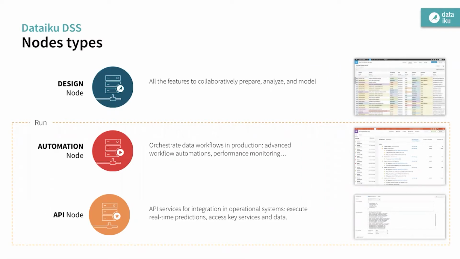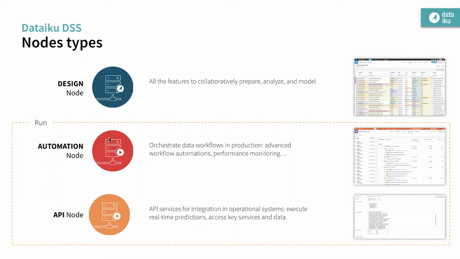Analysts, data scientists, and the business and so on will be exploring the data, building pipelines, training models, and so on. This is also where all of the automation and scheduling will be defined. And then once the project is ready for deployment, it will be pushed, thanks to a one-click deployment, to the automation node.